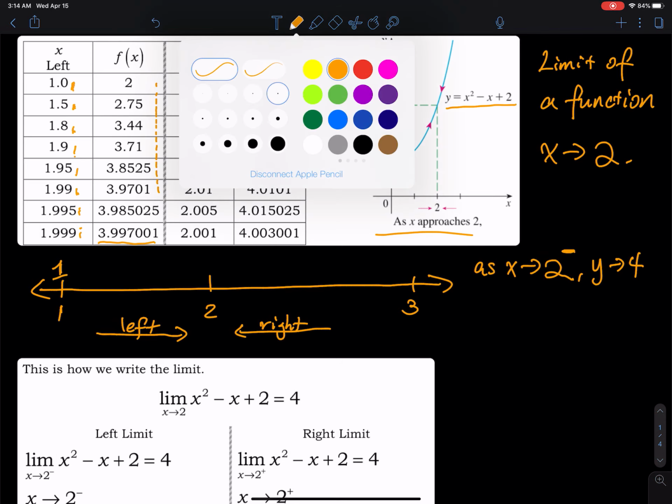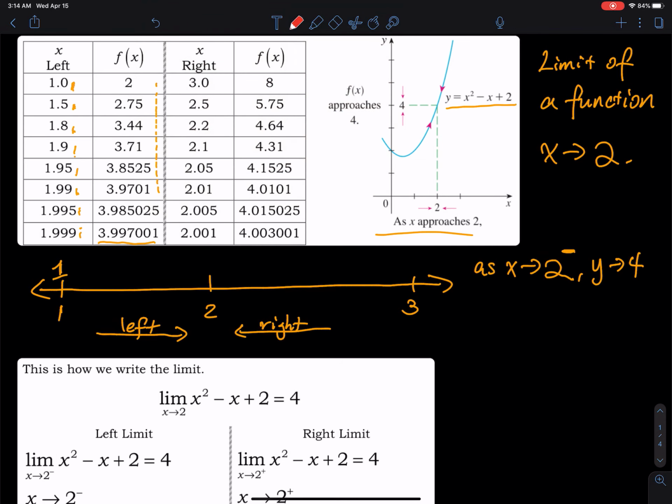What about the other side? As x approaches 2 from the right, we start at 3. 3 is right here, right? And then we want to go to 2 from the right hand side. So from 3, we take a step closer to 2, closer, closer, closer. So this is very, very close. The 2.001 is right here, and then the 1.999 is there.